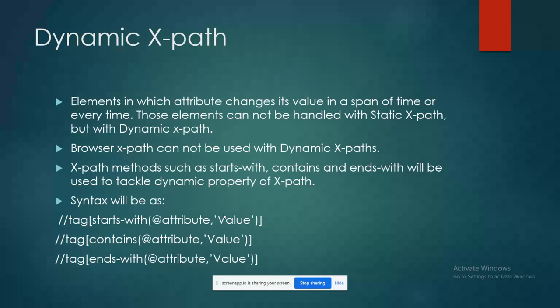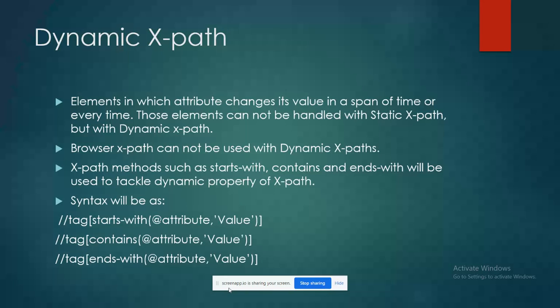In that case, first of all, browser XPath cannot be used with dynamic XPaths, because if I take the browser XPath, that value will change every time, and then my XPath will not work. So for this kind of situation, we have to write our own custom XPath, that is dynamic XPath.